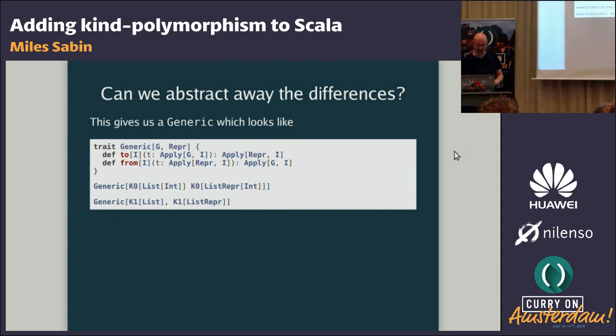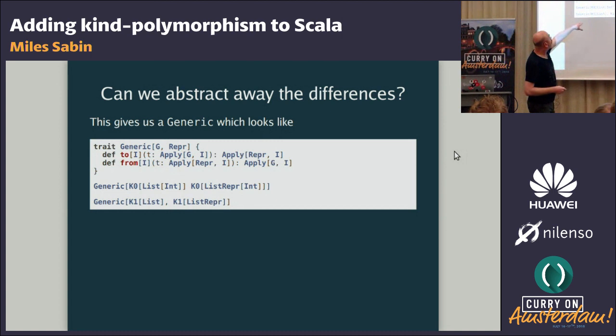And you end up with a generic which looks a bit like this, where you make use of the apply type constructor here, and you end up working with this representation embedded in a sort of lifting. What's the kind of G? The kind of G there is star. So we're wrapping either a list of int in a K0. So K0, all of the Ks here.